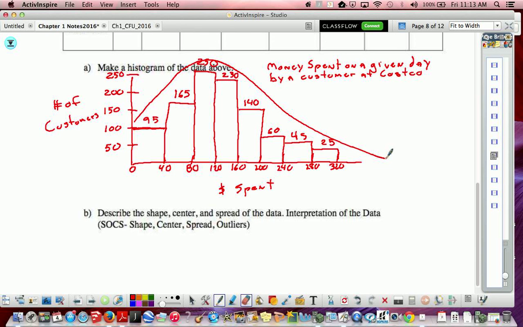And the best way to do skewness, make a fist with your hand, okay? Have your thumb pointing out and put your hand on it. Your fist is where all the chunk of the data is, and your thumb is where the tail is pointing. So in this case, which direction is it pointing? To the right. So if it was going the other way, you'd have a smaller amount right in here.